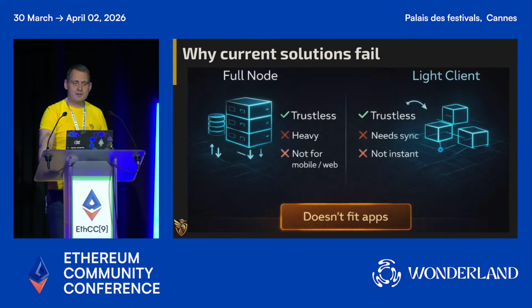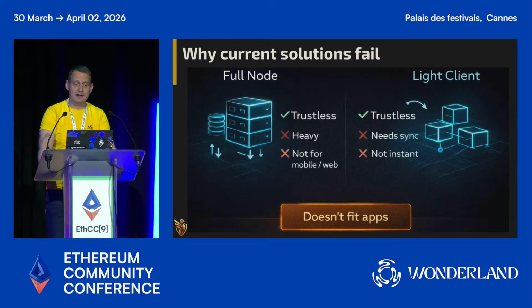And full nodes themselves come with heavy requirements: storage, bandwidth, continuous operation. And so that's not really realistic for mobile wallets, for browser-based applications, for IoT devices, or even agents. They're also not always online. So full nodes solve the problem, but they don't really scale real usage.